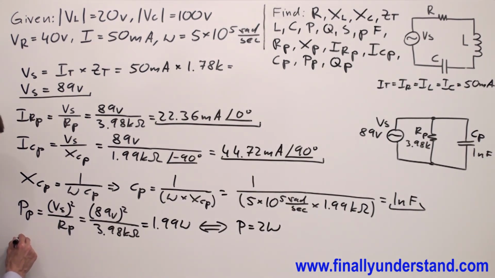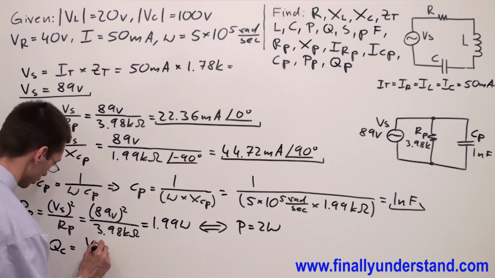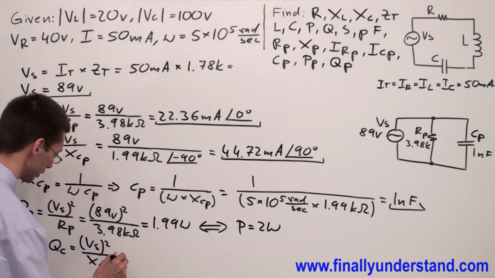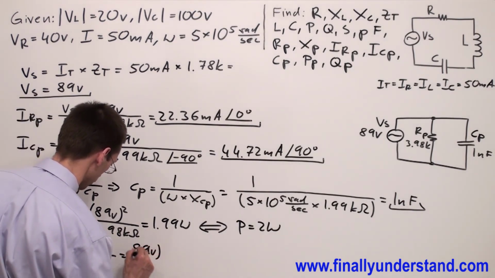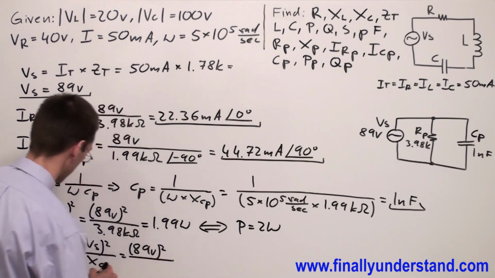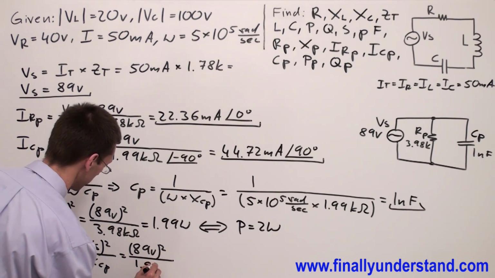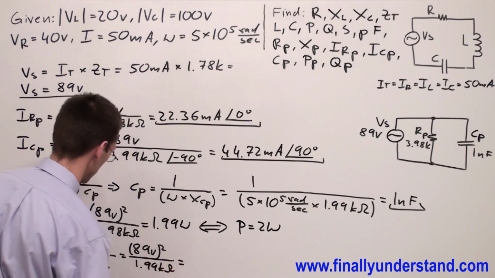So if you want to find QP, the reactive power in my parallel circuit, we know already that this is a capacitor. We can also say this is QC equals voltage source raised to the second power over XCP, which is equal to 89 volts raised to the second power over XCP, 1.99 kilo ohms.